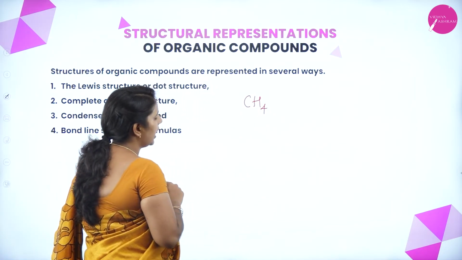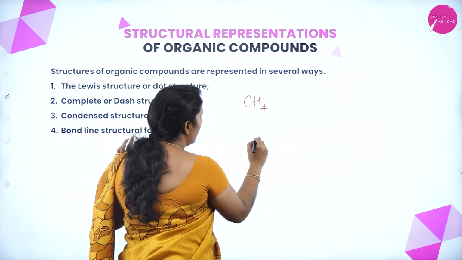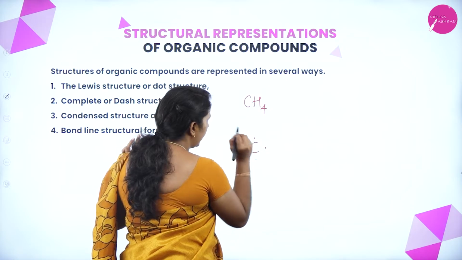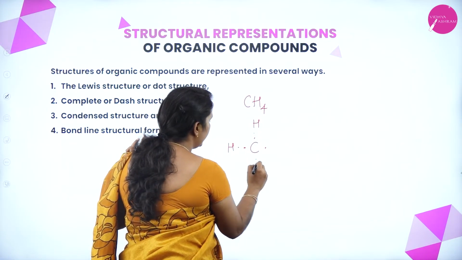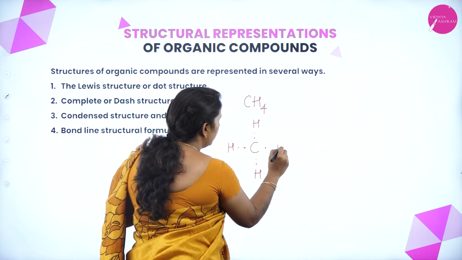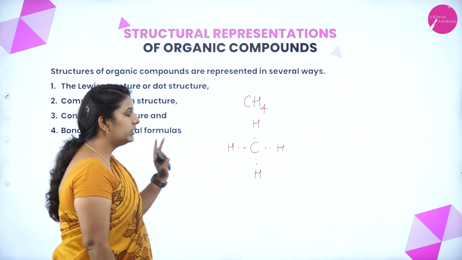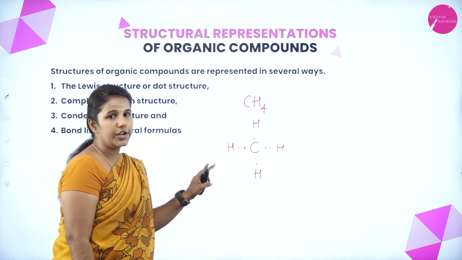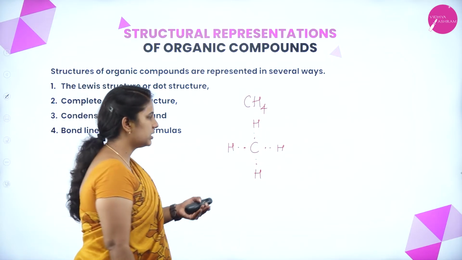How many carbon atoms will be there? Only 1. How many hydrogens? 4 hydrogens. We know that carbon has a valency of 4. Similarly, a hydrogen atom has 1 electron. Correct? So these are sharing 1 electron, and if you show the electrons which have been shared in terms of dots, it becomes a Lewis dot structure.